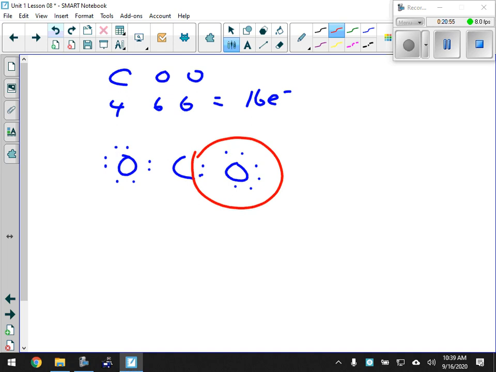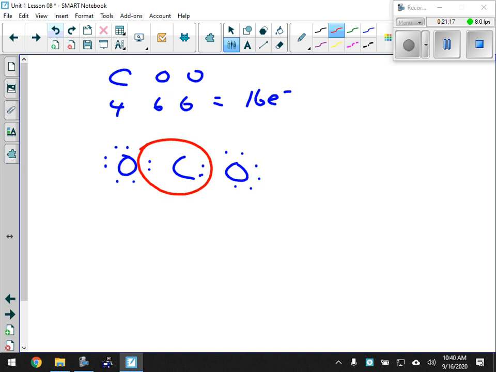Then, in the notes it says make sure the central atom has 8. Does it have 8? No, we're short. Right? We only got 4. So then it says, well, if the central atom doesn't have enough, we need to move pairs of electrons in, basically get them to be shared.